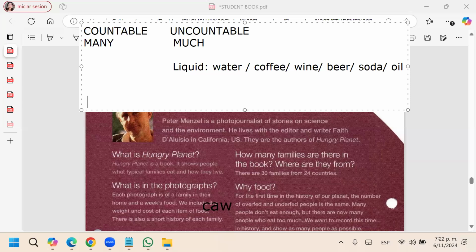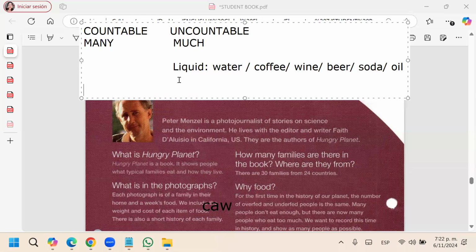So I would not say, I want to drink 2 wines. Better if I say 2 cups or 2 glasses of wine. It's better because wine is uncountable.